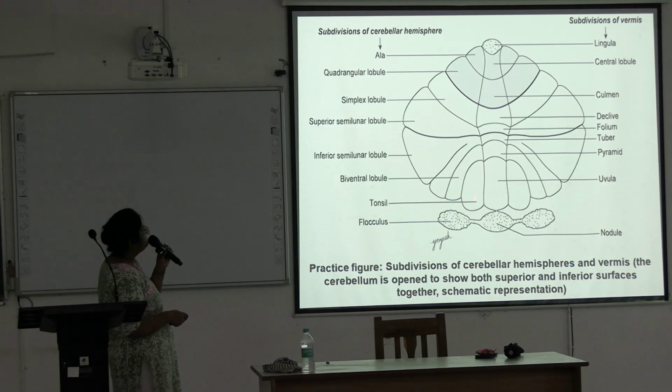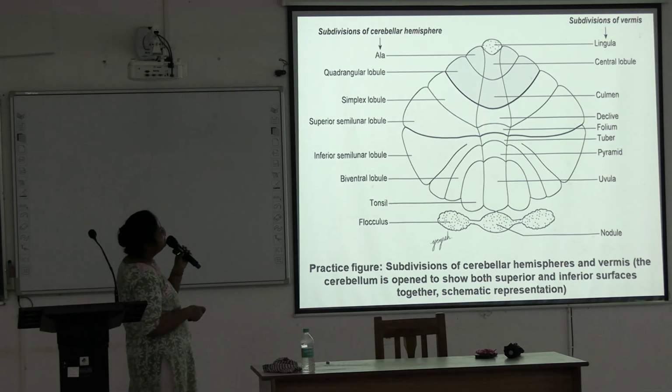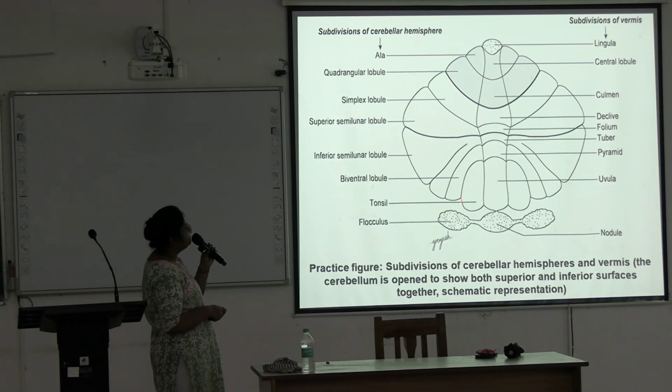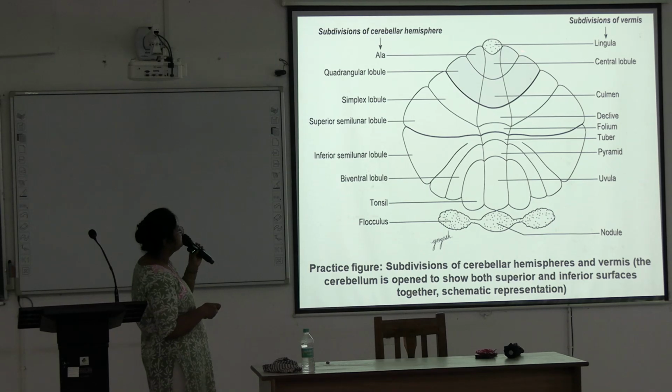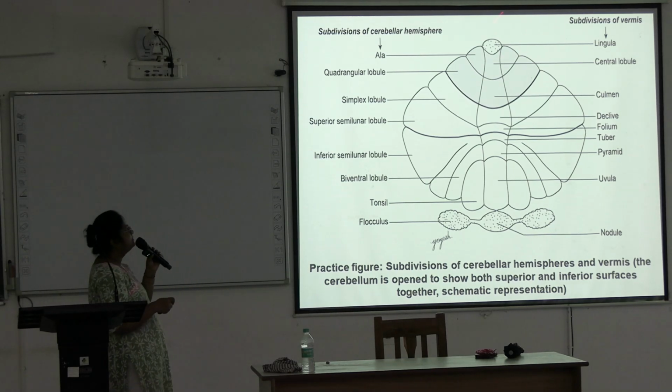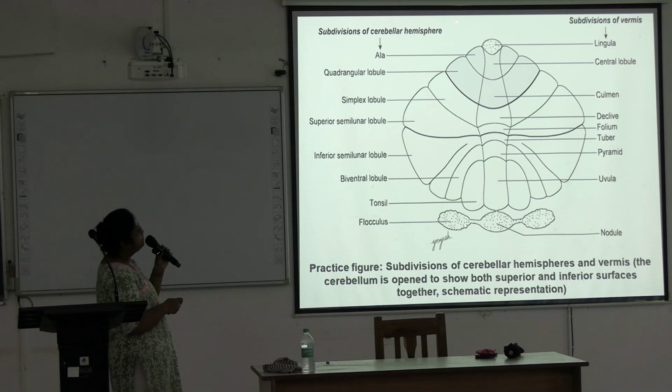See here this schematic presentation. Here we are seeing the subdivisions of the vermis. The midline part is the vermis, and there are corresponding areas of the hemispheres on the two sides of the vermis. The first part of the vermis is the lingula, which has no corresponding part of the hemisphere.